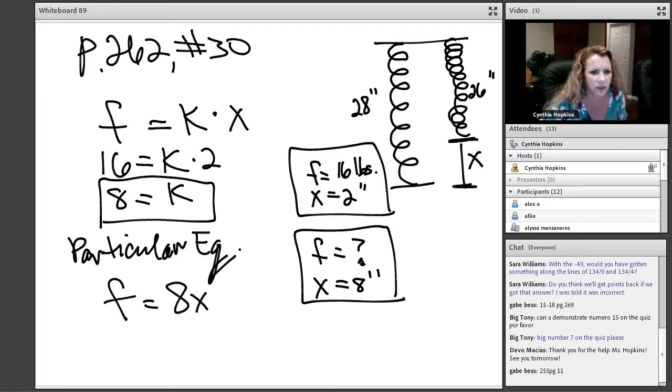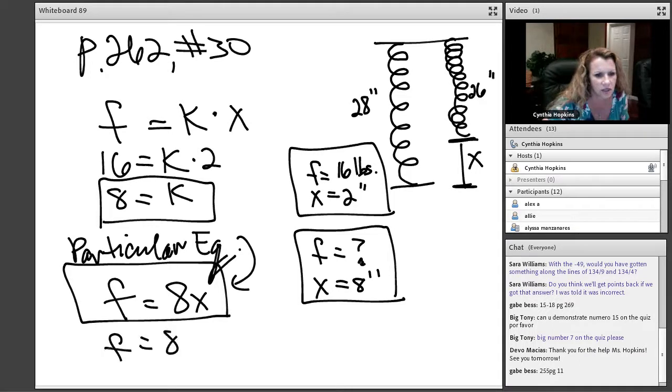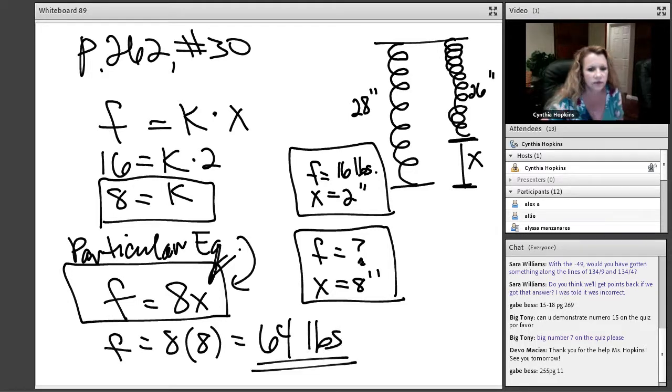So here's my particular equation. F equals 8x. And now I can answer their question. F equals 8 times 8. So I get 64, and I look at my information. Force was in pounds, so this is a word problem, and you want to say 64 pounds is what would be required.